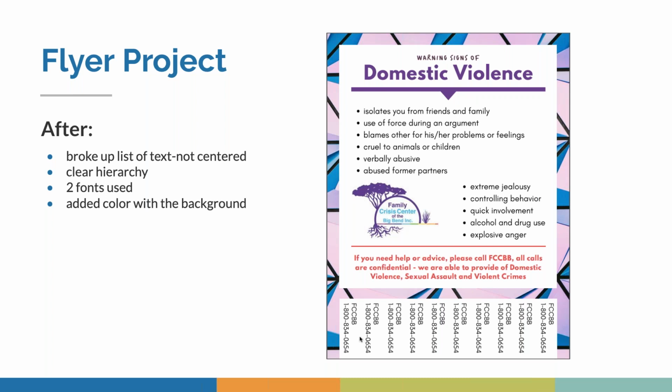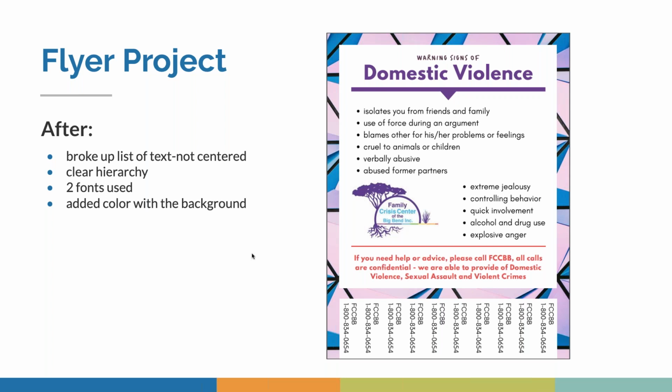And we kept this interactive piece, so you would just cut these along here and make it be ripped off. You might think that the background is a little bright and fun, but as Brittany said, we're trying to engage more folks, and if it's just a plain white background, it could be easily flipped over. You don't want that to happen. You want people to come use your services when they need them.